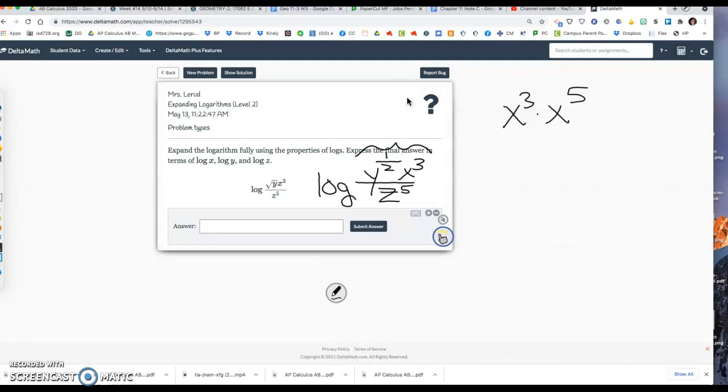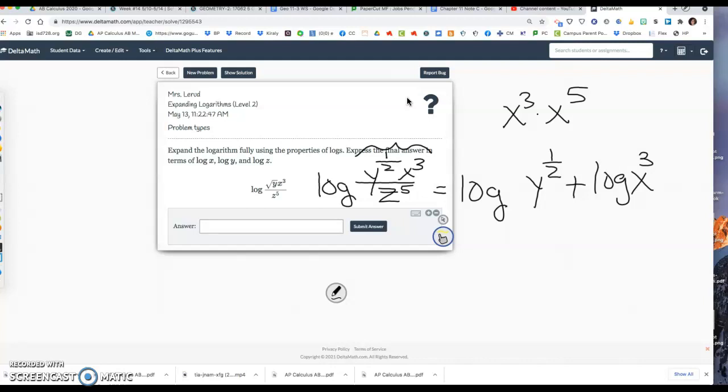It's not magic. All right? So the first thing I'm going to do is put this log down. All right? And I'm going to do y to the 1/2. Plus log of x cubed, correct?